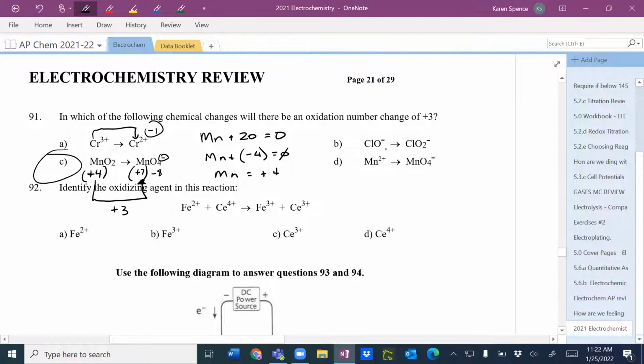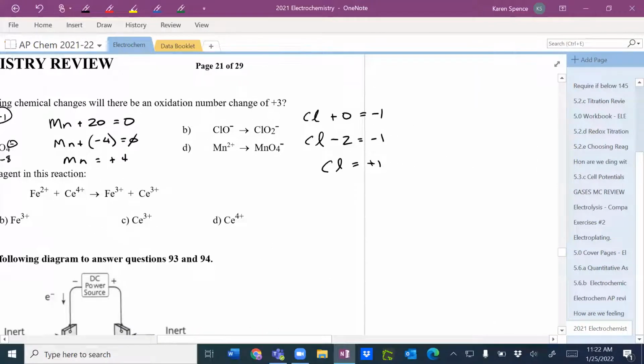Let's just double check these other ones. Cl plus O equals -1. Cl minus 2 equals -1. Cl equals +1. Cl plus 2O equals -1.